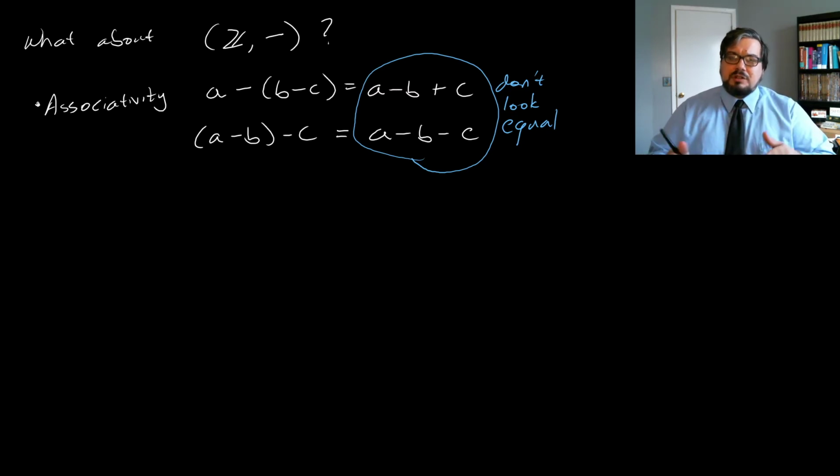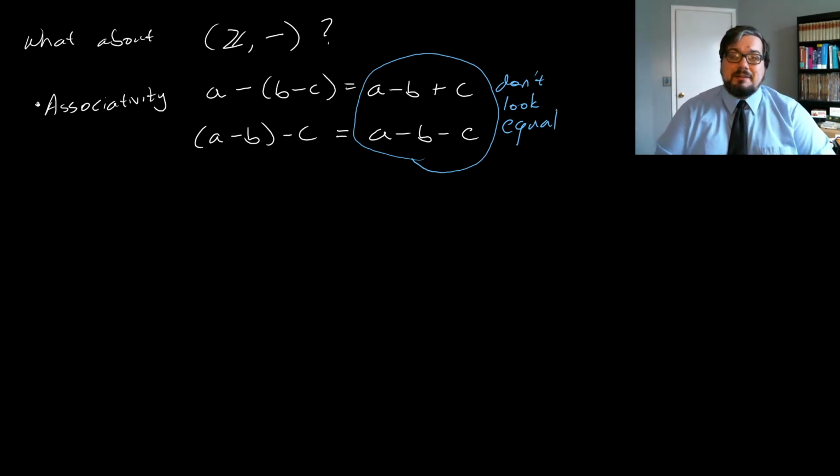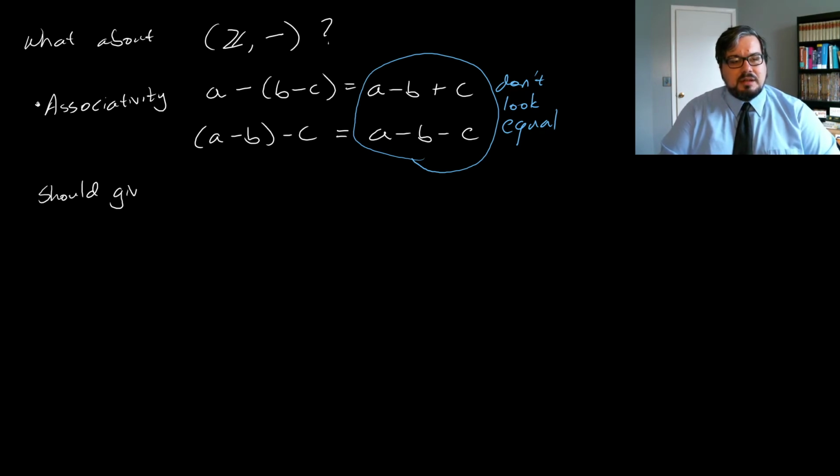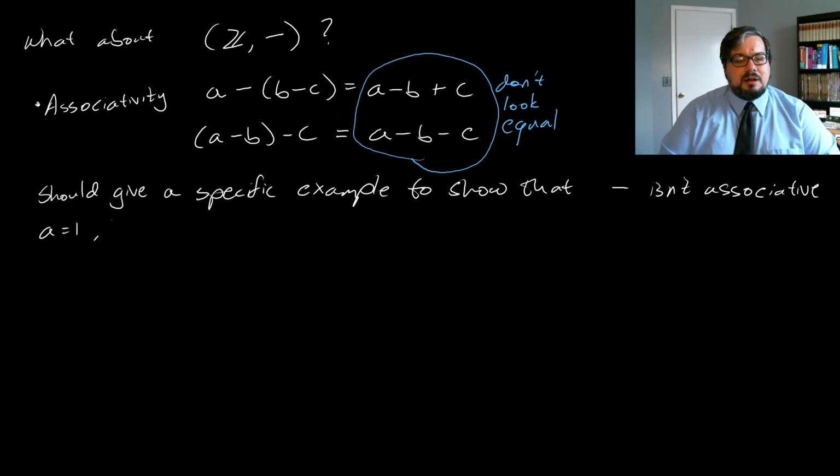Now, this is just what it looks like. In order to actually prove that subtraction isn't associative, we should give a specific example to show that subtraction isn't associative. So we could take the example of a equals 1, b equals 2, c equals 3, for instance.